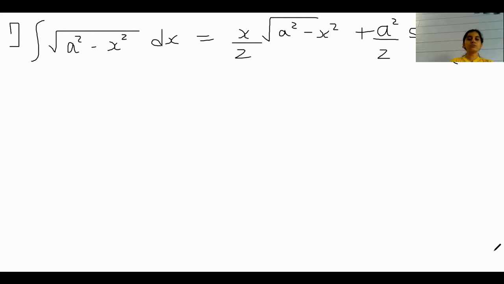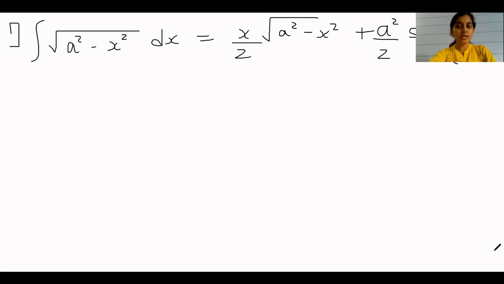So how do you integrate this kind of function? There are no two functions here, but still we have to use integration by parts. Whenever you come across these kinds of sums, your second function is considered as 1.